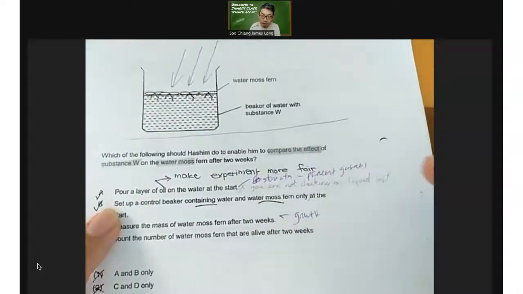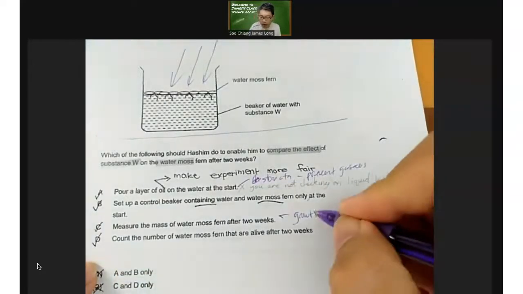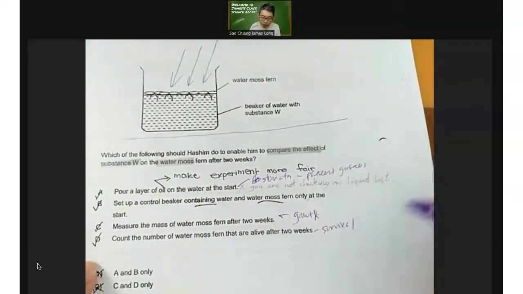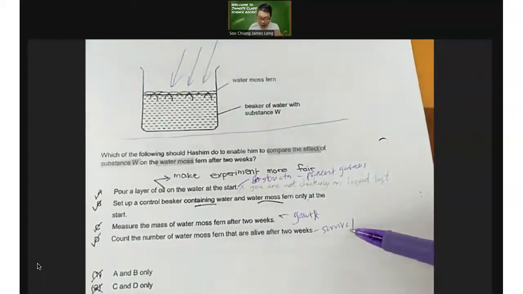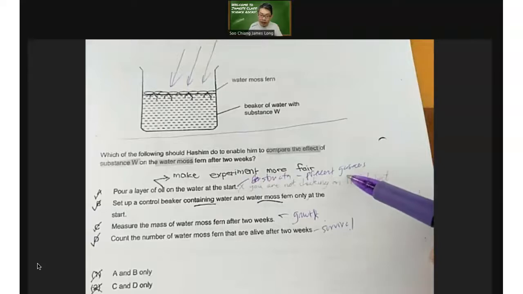But why? Not stated. Count the number of water moss alive. This is about survival. You see, there's a whole lot of things here being assessed. Is it about survival? Is it about growth? Is it about photosynthesis? Because if you cover the leaves, you cannot take in the carbon dioxide, it cannot make food.